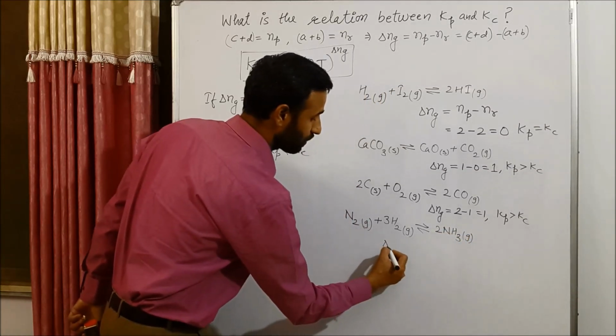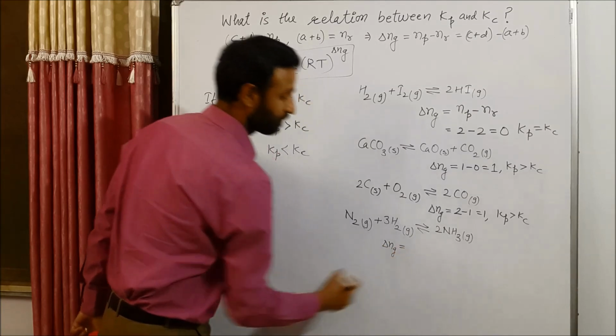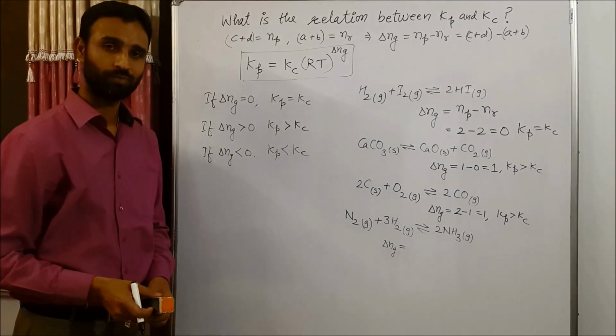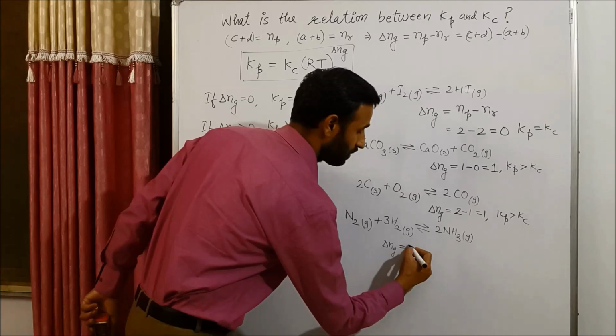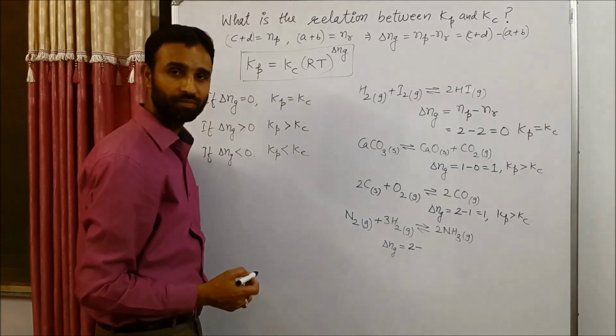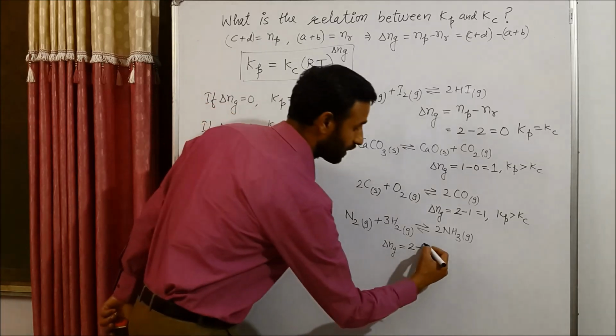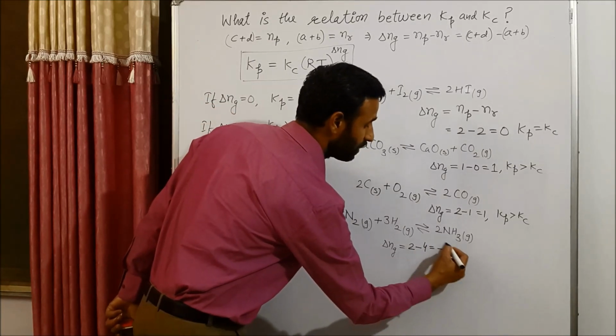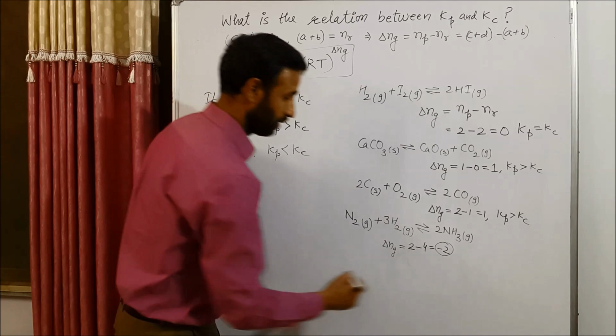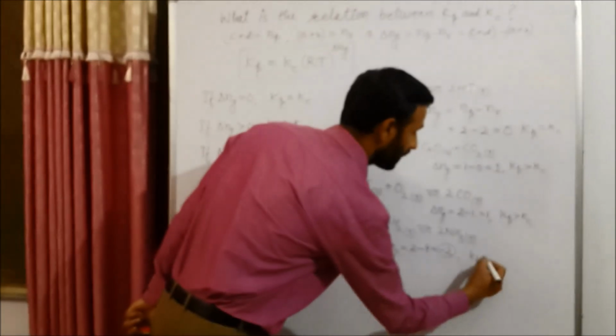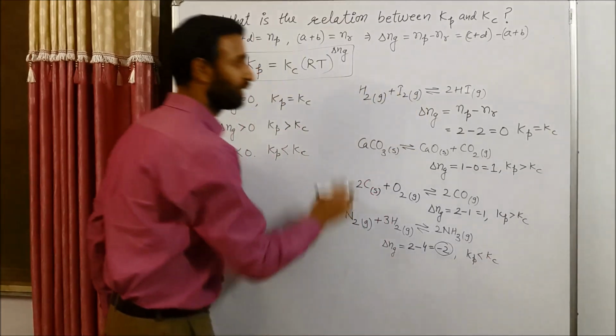What is delta Ng for this reaction? Product side 2 gaseous moles, reactant side 3 plus 1, that is 4. That means minus 2. So Kp is less than Kc.